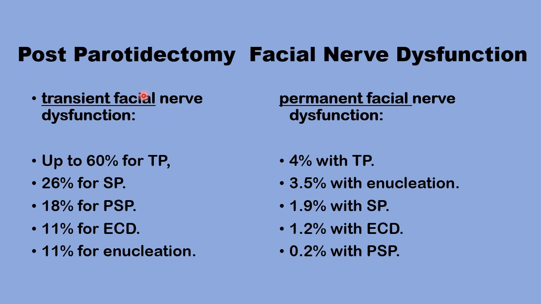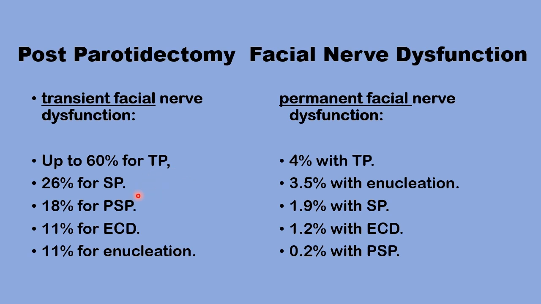A transient facial nerve dysfunction is not uncommon. For approaches like a total parotidectomy, it may be up to 60% of the cases, because that would involve the maximum stretches and injury to the facial nerve.